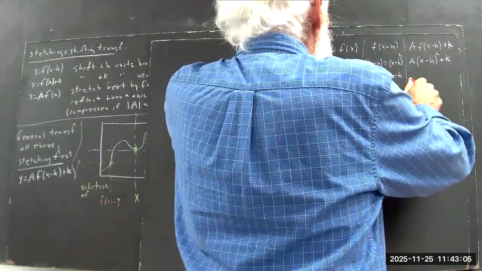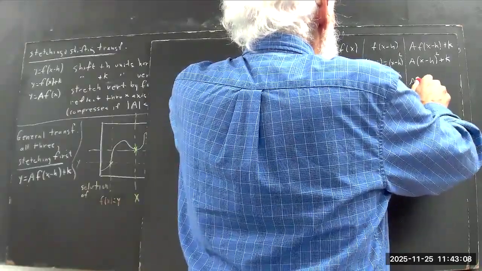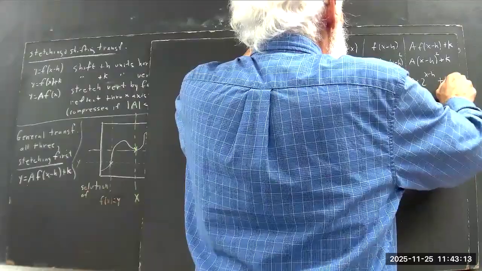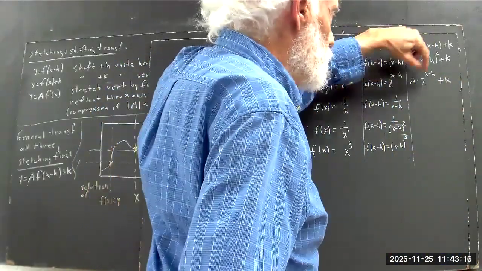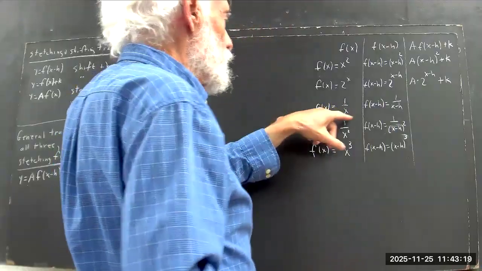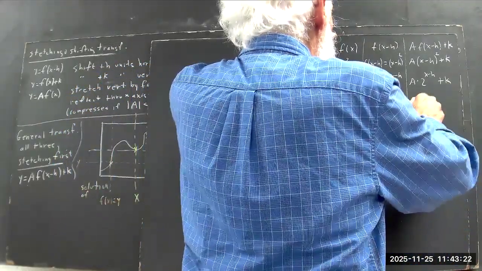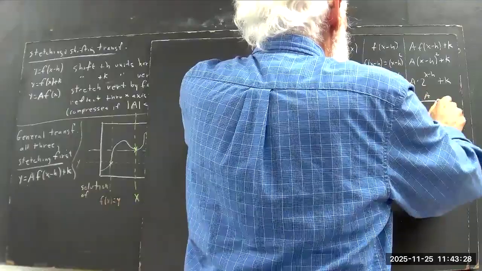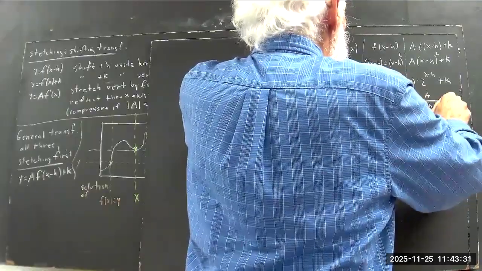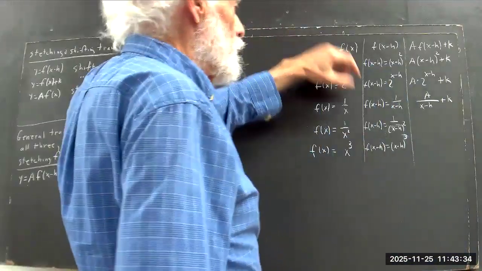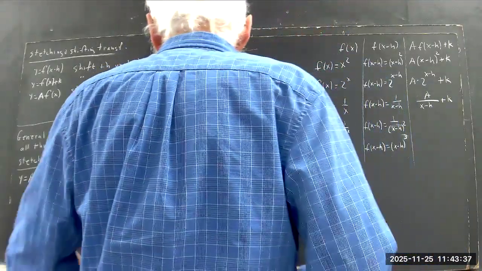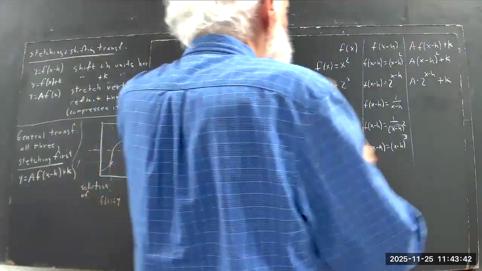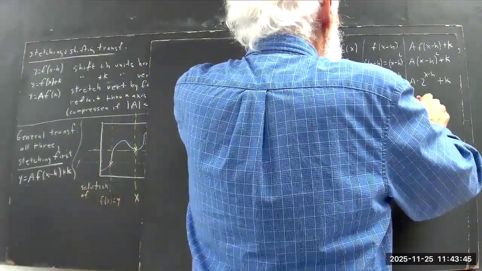In the case of the exponential function, f of x minus h is replaced by 2 to the x minus h. In the case of the reciprocal function, let's write it. Actually, I want to write it in a way that makes it obvious.